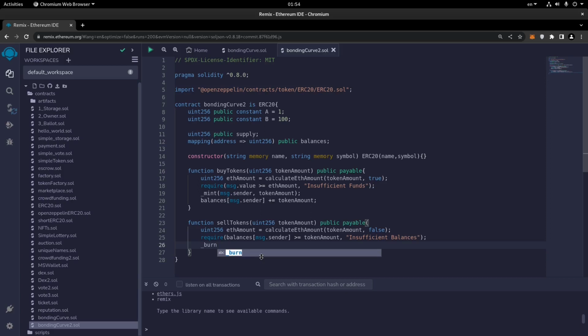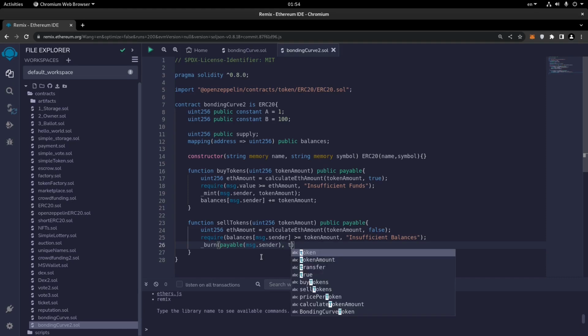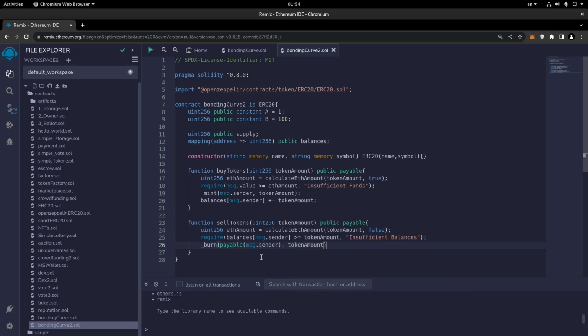So burn, msg.sender, and the second parameter of the burn function is the token amount. We're going to burn these tokens because we're selling them, so that the total supply will decrease.